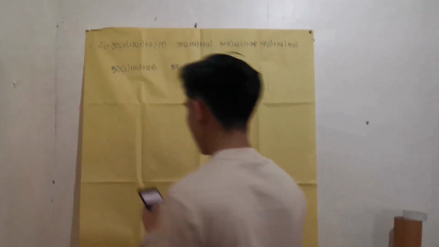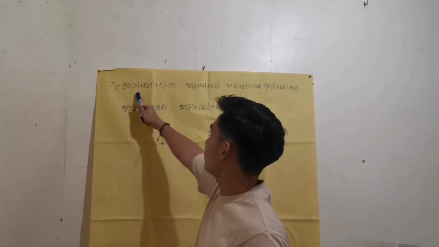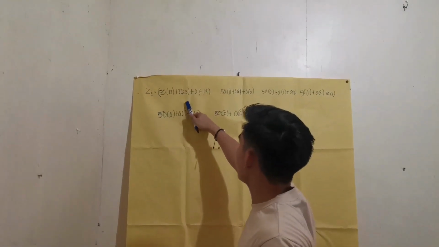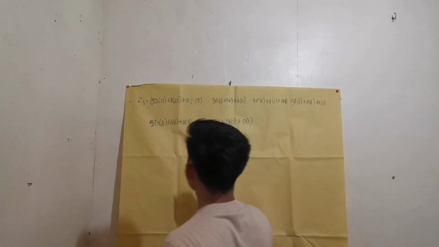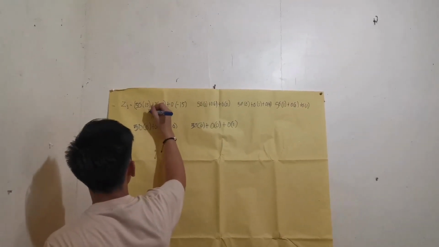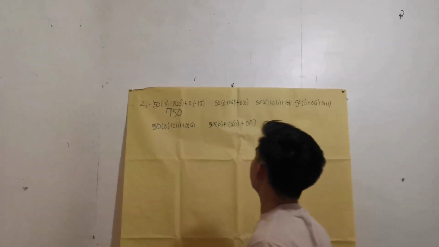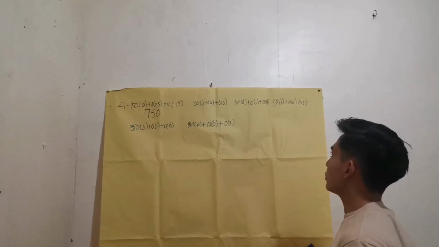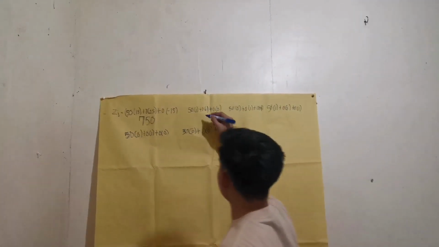So yan na, yung mga C sub J sa pag-times natin sa constraints. So 50 times 15 plus 0 times 25 plus 0 times negative 15, which is 750. Dito 50 times 1 plus 0 times 0 plus 0 times 0 is 50.